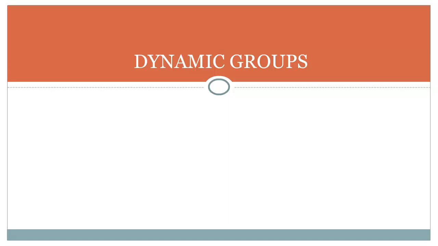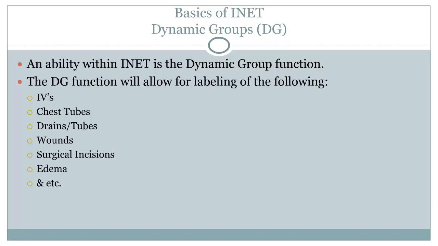Let's now move to another section called dynamic groups. An ability within INET is a dynamic group function. The DG, as dynamic groups is called, this function will allow for labeling of the following: IVs, chest tubes, drains, tubes, wounds, surgical incisions, edema, and etc. So one aspect, if for example, we could look at wounds or surgical incisions.